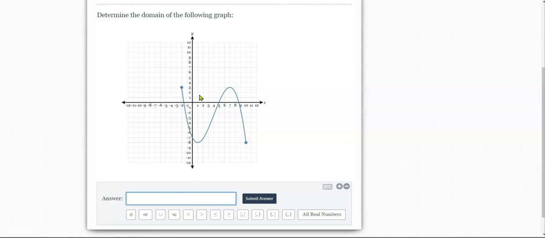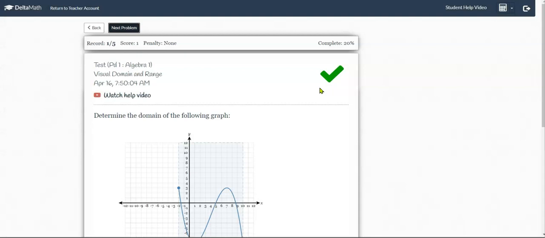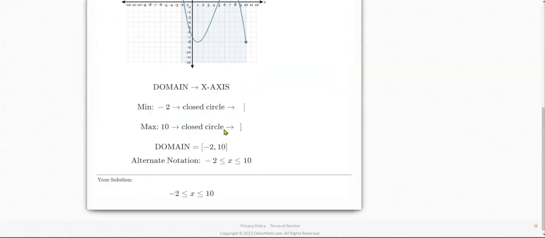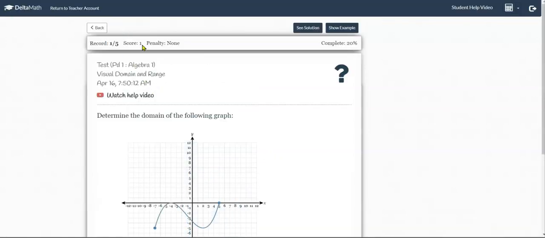Because these are solid circles, we need 2 less than or equal to's, and we need an x in the middle, not a y. The y in the middle is for a range, not a domain. So -2 is the least, +10 is the greatest, and we could submit it using either method. They'll show you the 2 possible answers in the explanation.